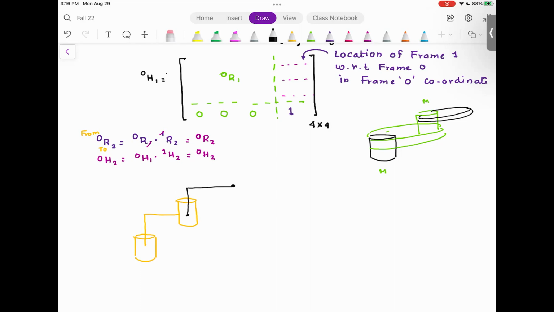If you add a prismatic joint over here, it becomes your SCARA robot. So this is motor, this is motor. This is your first joint, this is your second joint, and this is called the kinematic diagram.